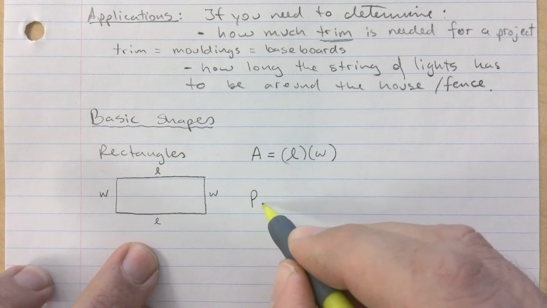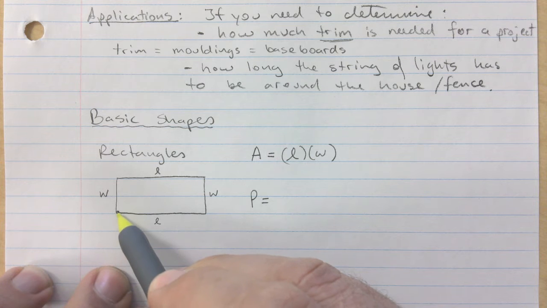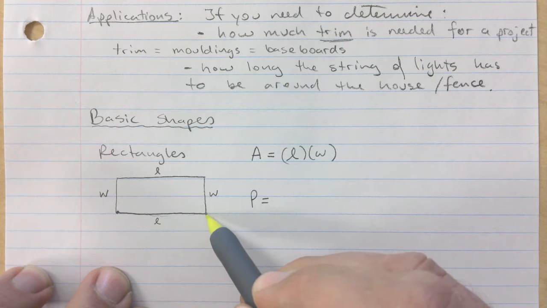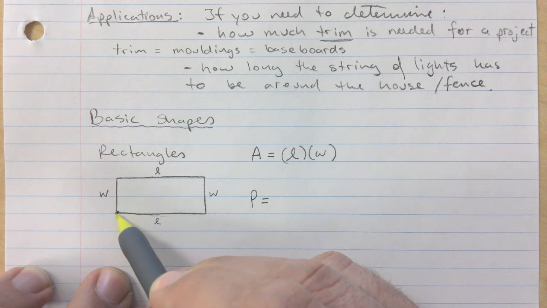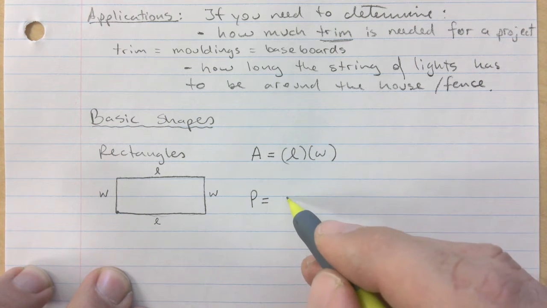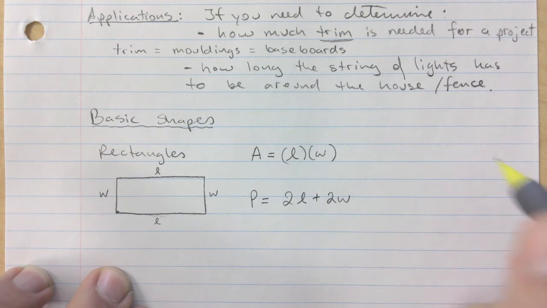If you wanted the perimeter of this, you're starting at this corner and you're moving around, right? So you'd add all the side lengths up, and that would give you the perimeter. So it's in a sense 2 times length plus 2 times width.